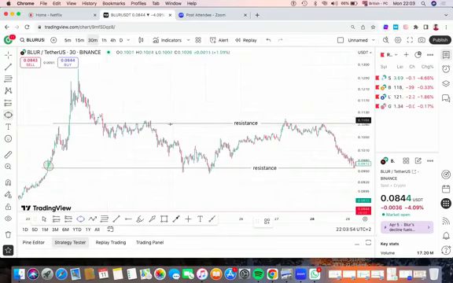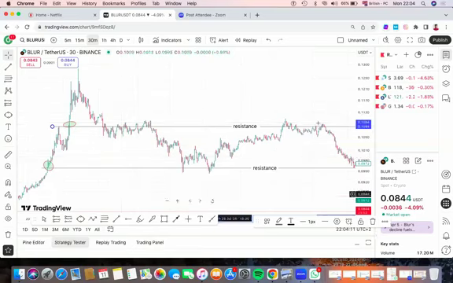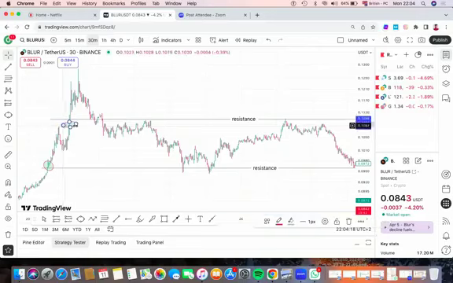Once price broke out of this level, when price broke out, price was consistently touching this area.